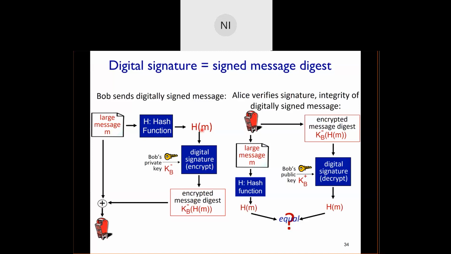So what we got from the message is the digest. After encrypting with Bob's private key, what we got is the encrypted version of the digest. So finally, when Bob is sending over an unsecure channel, he is sending the message in plain text, plus the encrypted version of the digest together.